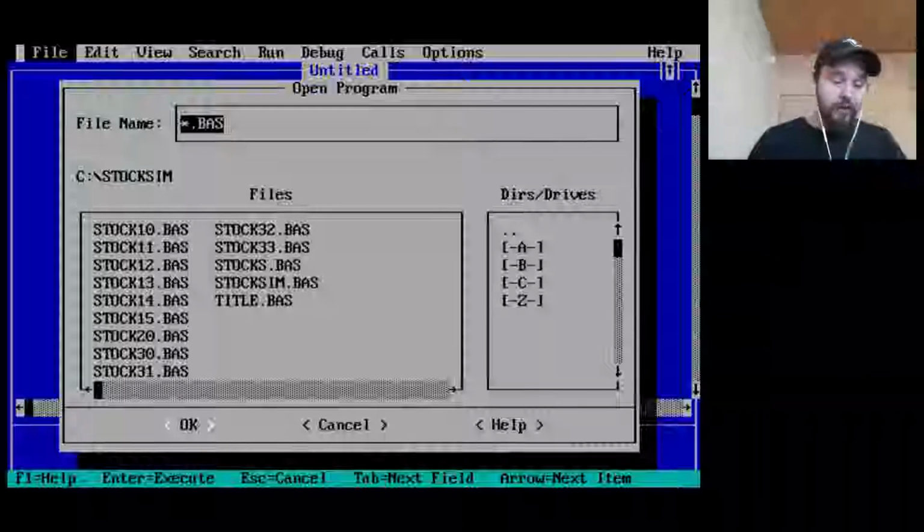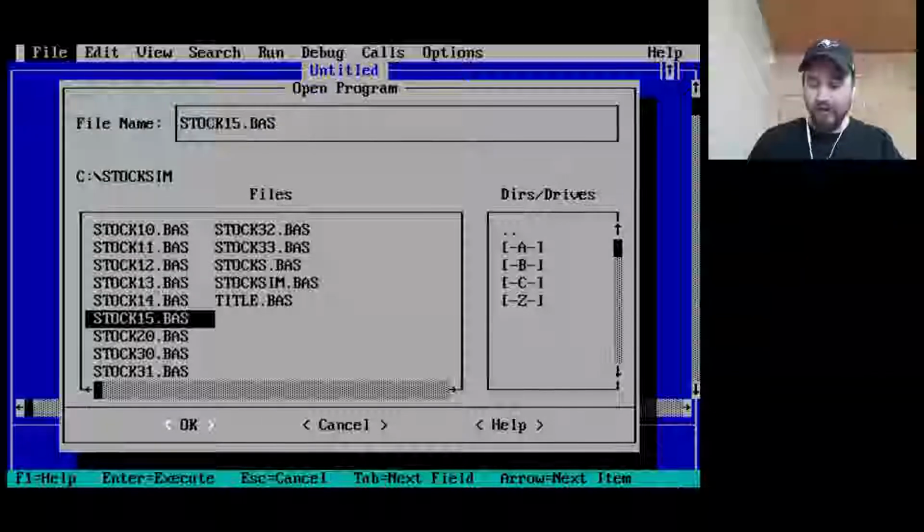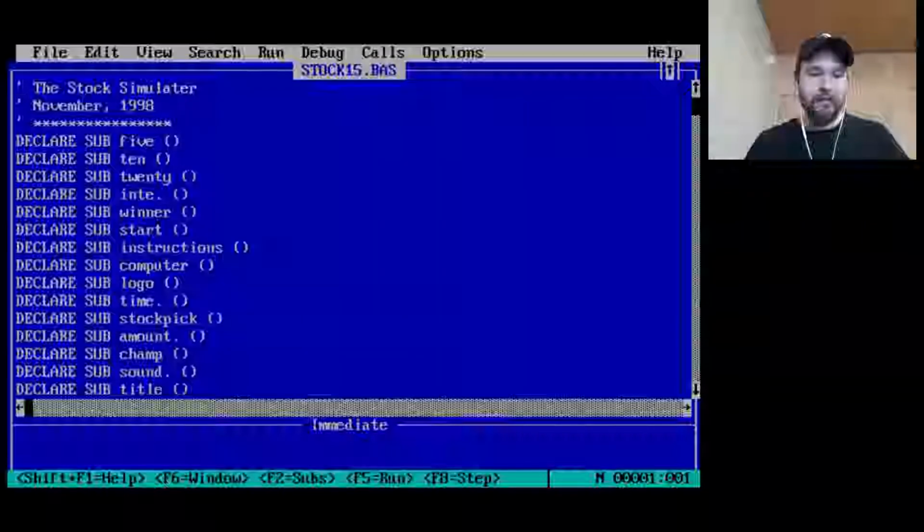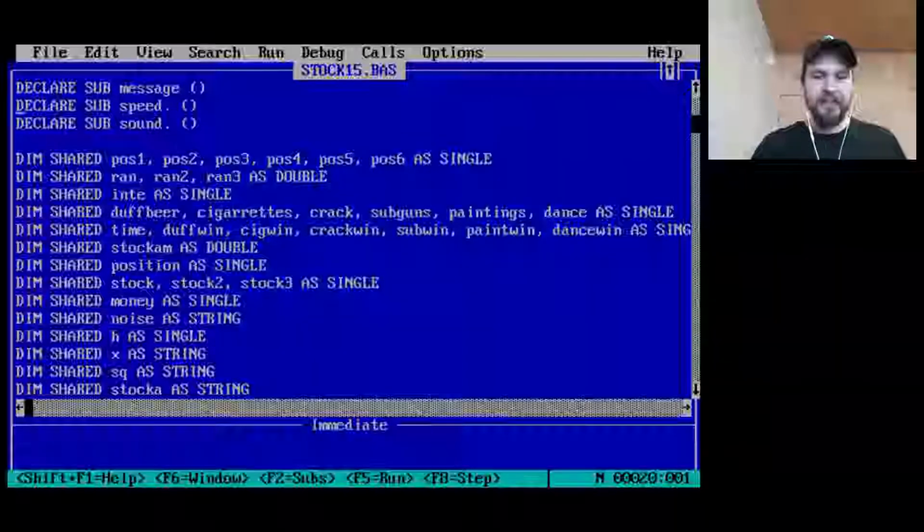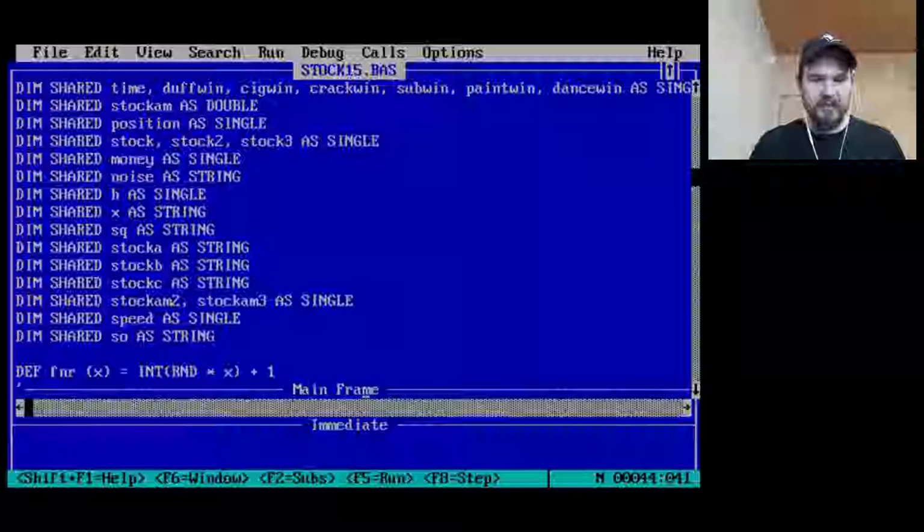hopefully, okay, before we even get into Stock Simulator 2.0, let's remind ourselves of the version 1 series. We had all these different positions as the positions of the stocks, and we had all these named variables, although some we didn't use.